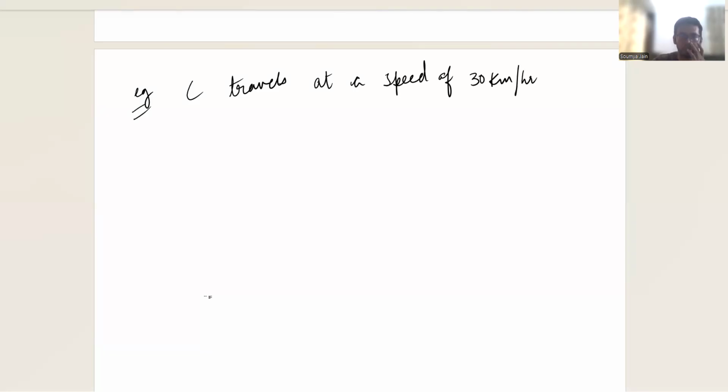Again, let's take another example. Let's say C travels at a speed of 30 kilometers per hour and covers 120 kilometers.